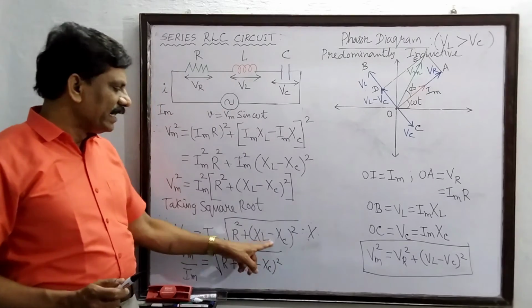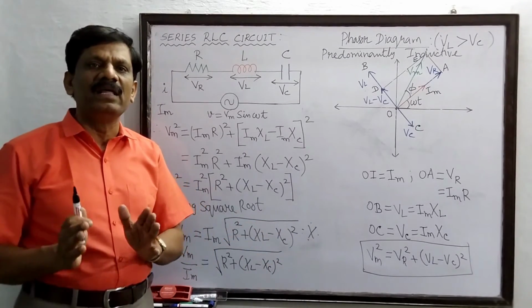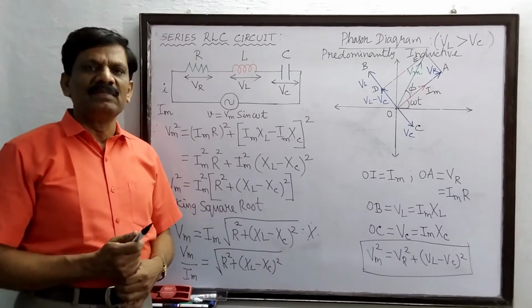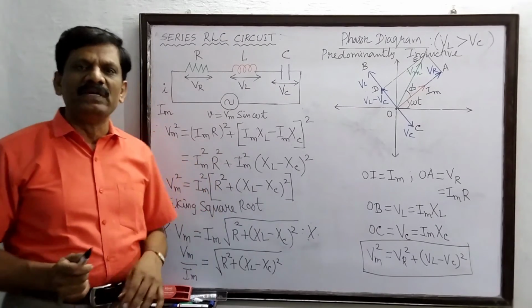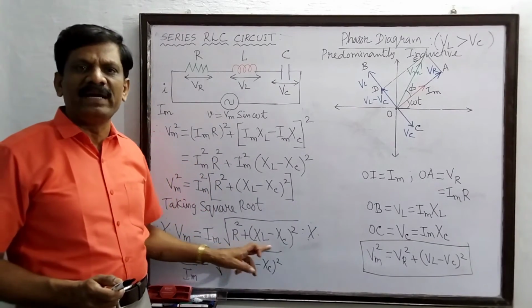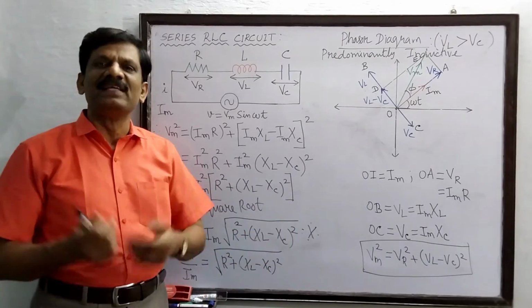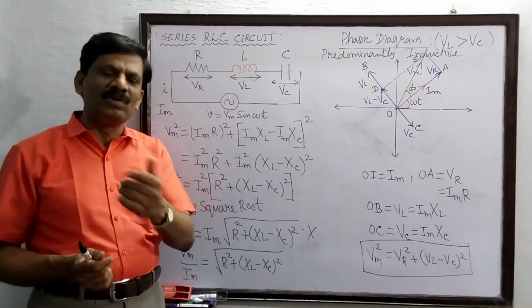In the bracket, (XL minus XC) the whole square is coming because we have assumed a predominantly inductive circuit. Suppose in the competitive exam they give the information as predominantly capacitive, then you will write (XC minus XL) the whole square. Since there is a square term, the value will be the same. (XL minus XC) whole square is nothing but (XC minus XL) the whole square only.